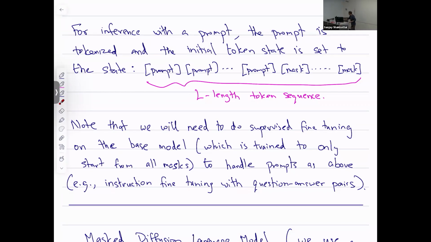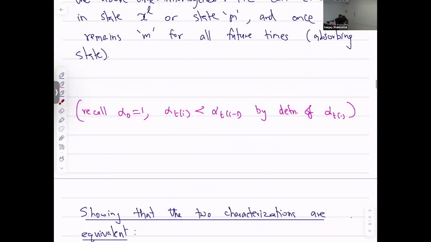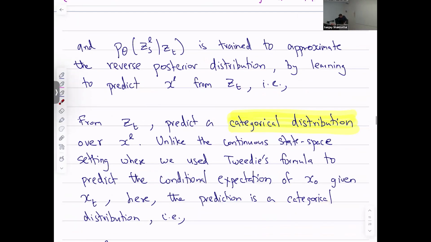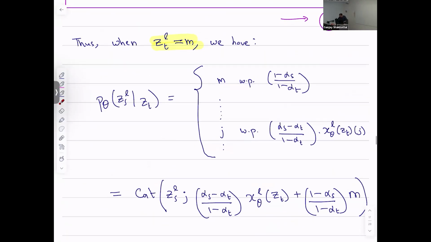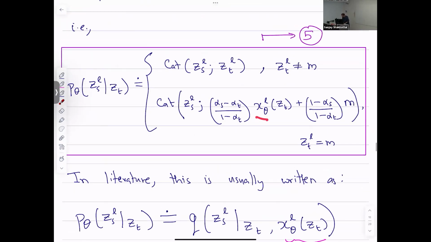Yes. If you remember, what is the fundamental pipeline? It's bidirectional attention. And that's, remember, this is a picture. In the math, where is that happening? In the math, it's happening here. Let's look at the parameterization of this. Here, you're decoding the Lth token based on Z_t, not Z_t^L.